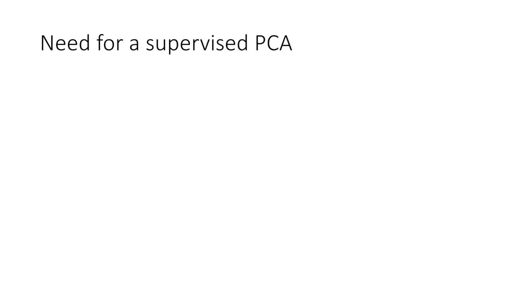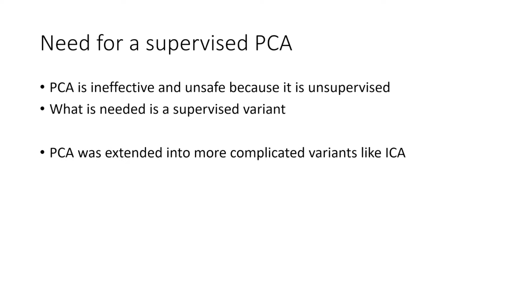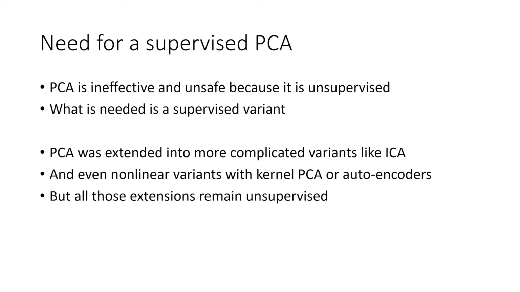PCA is ineffective and unsafe precisely because it is completely unsupervised. This means that you are going to need a supervised dimension reduction. PCA was extended in many ways in literature, including nonlinear variants like kernel PCA or autoencoders, but all those extensions remain unsupervised. So what you need is a different variant.